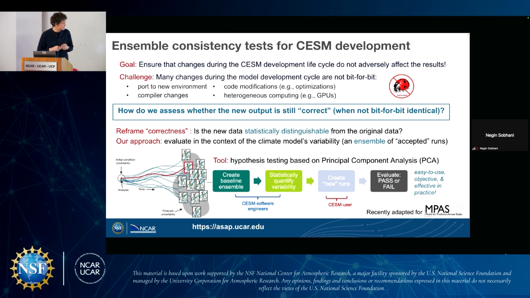This uses an ensemble and looks at the variability within the ensemble. And this is also, of course, used in the previous slide with respect to data compression. So the notion is, if you can't tell that the compressed data is outside the ensemble, then you argue that it's acceptable.